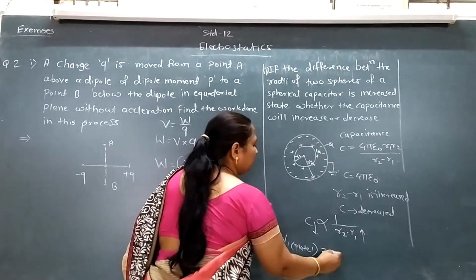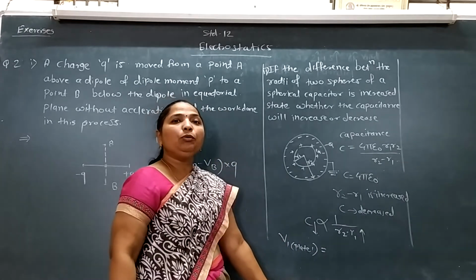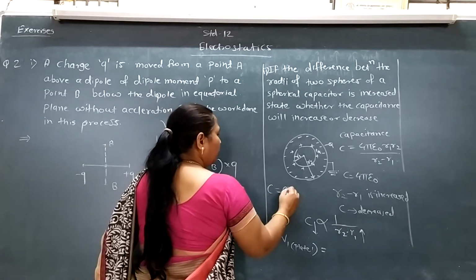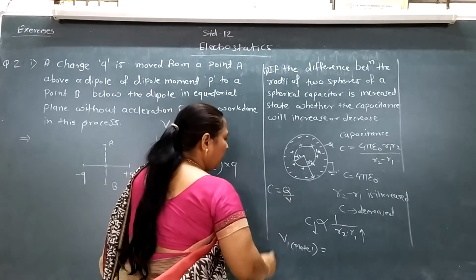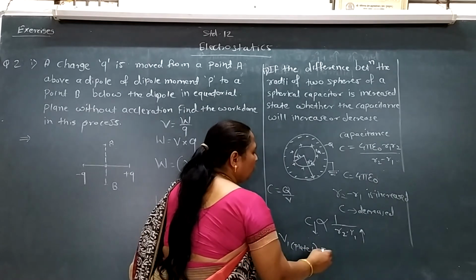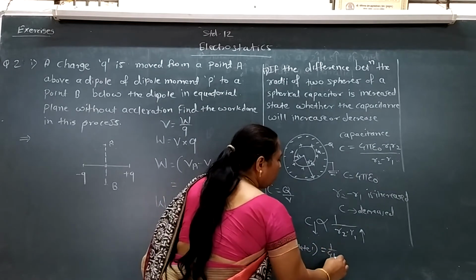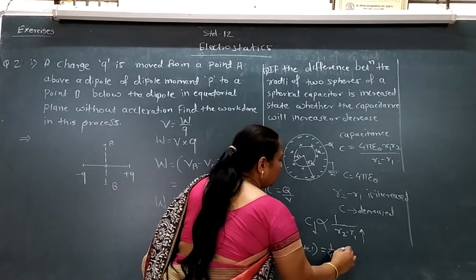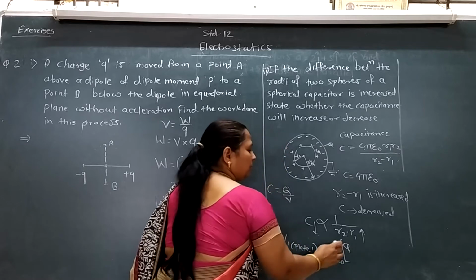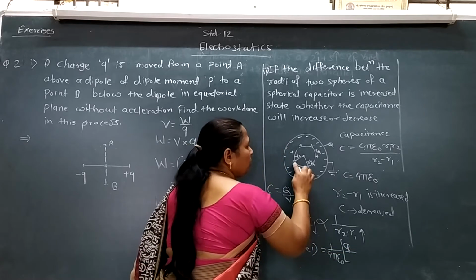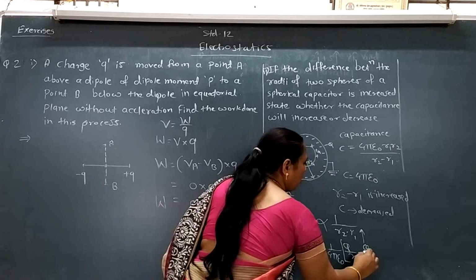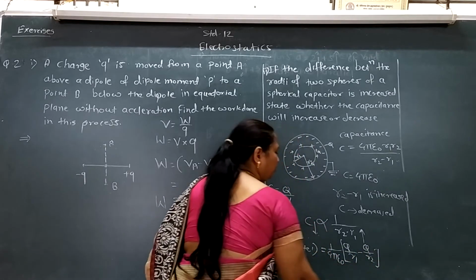Since C is equal to Q upon V, V is equal to 1 upon 4 pi epsilon 0, in bracket, Q upon R1 minus Q upon R2.